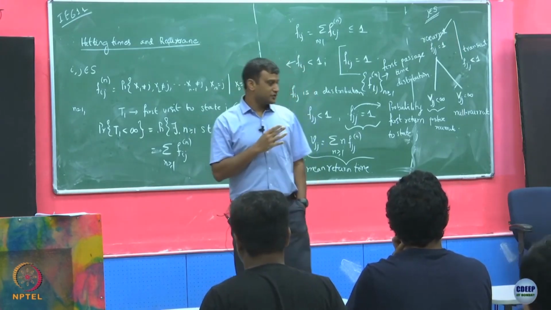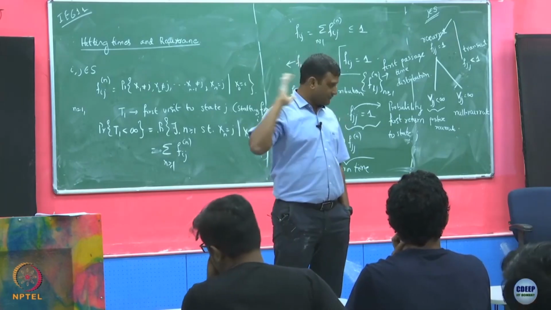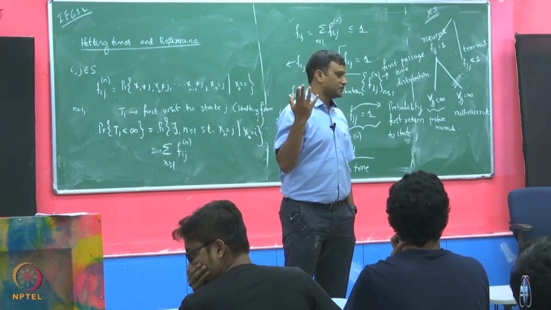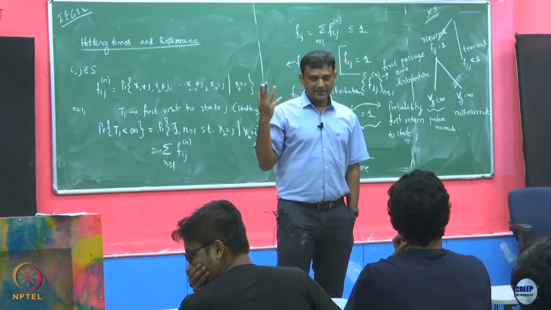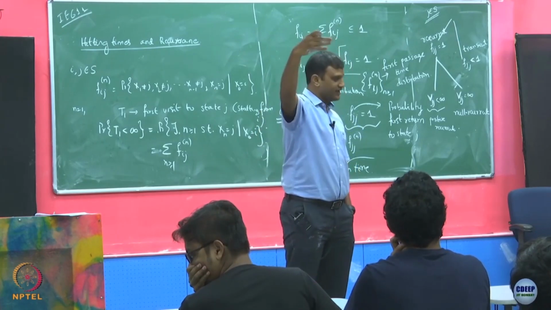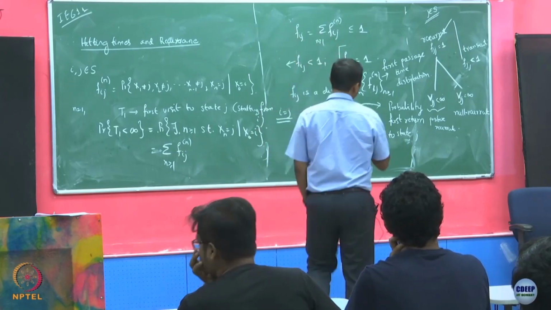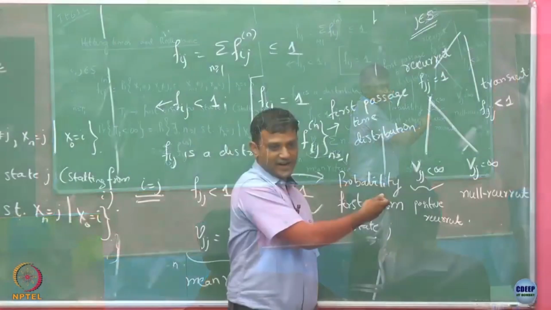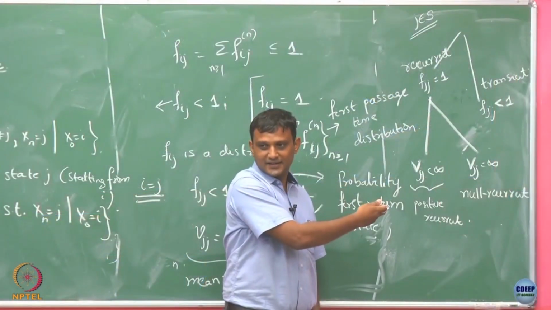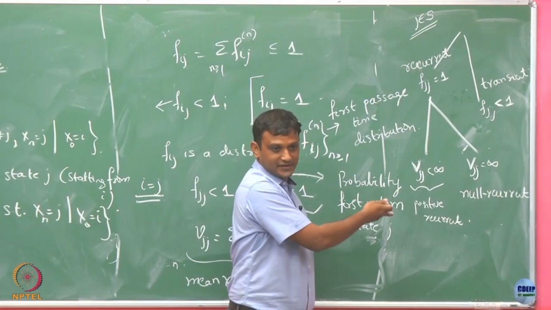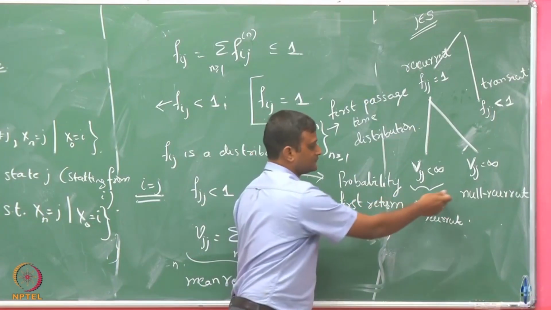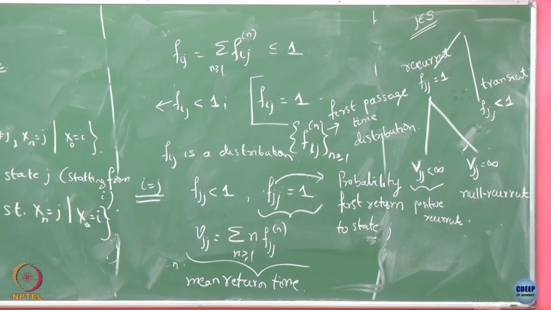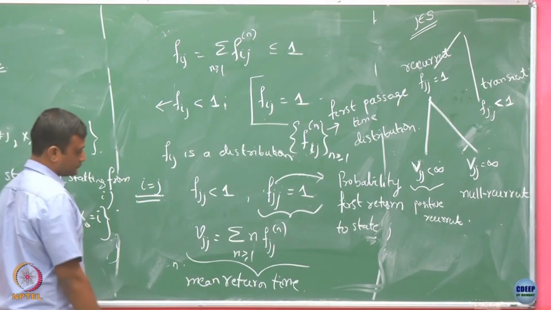Now FJJ equals 1 is just saying something bad will happen, but the rate at which it is going to happen is what matters to us. If the bad things are going to come again and again very frequently, then that is the opposite here, because here these bad things are actually good things, because we are talking about n being large.